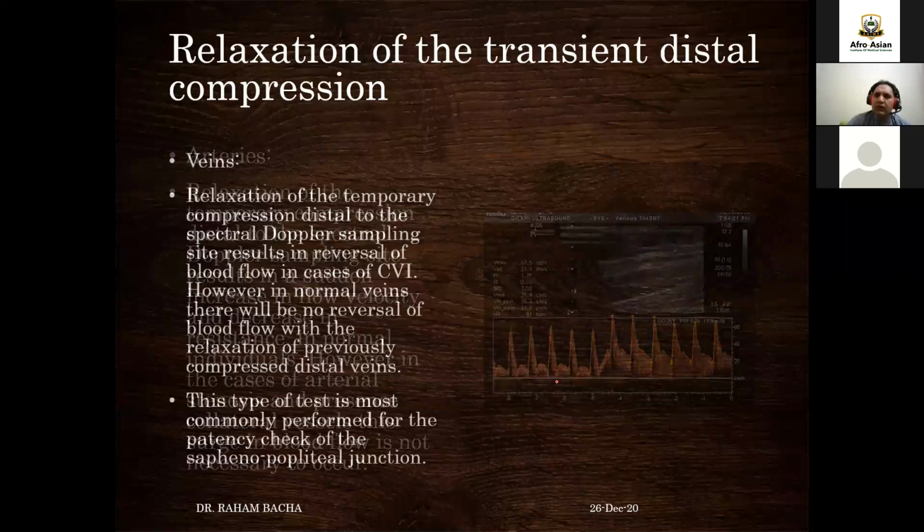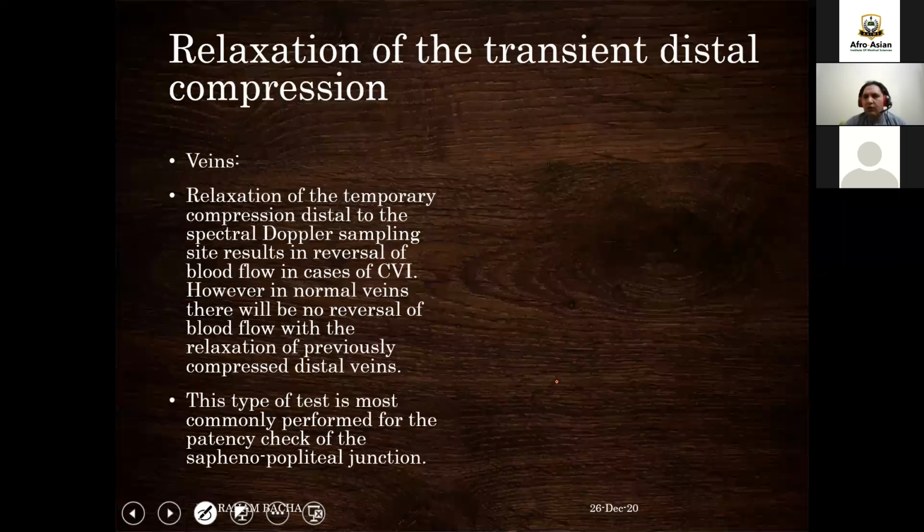There will be cessation of blood flow, but after relaxing the compression, if there is reversal of flow, it means there is chronic venous insufficiency, the venous valve will be incompetent, and that's why blood will flow in the backward direction. That should not occur during abrupt relaxation of the distal compressed region.